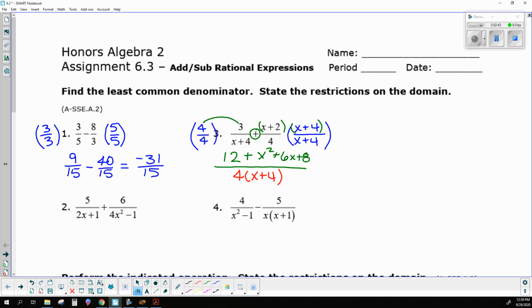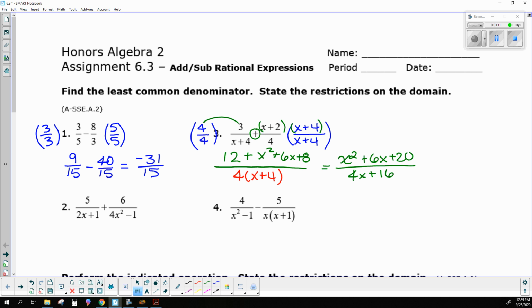Okay, so we've combined all that together. Go ahead and clean it up following PEMDAS to combine everything. When we add these two quantities, we end up getting x squared plus 6x plus 20 over 4x plus 16. That is what you get when you add these together.